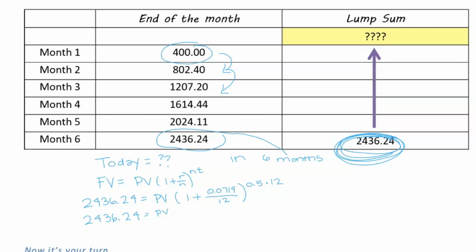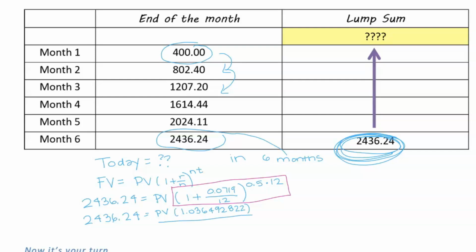Okay, to solve this, I'm going to leave the left-hand side alone. And then present value, I don't know what that is. That's what I'm solving for. I want to first figure out what this number is. So put it in your calculator, and you should get a number like this. Now, don't round any intermediate calculations because then we lose precision.